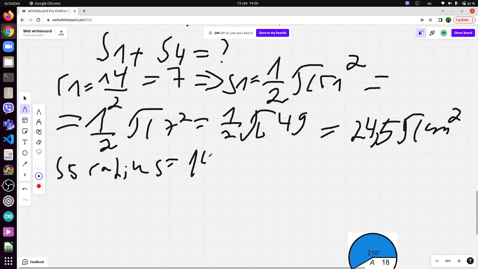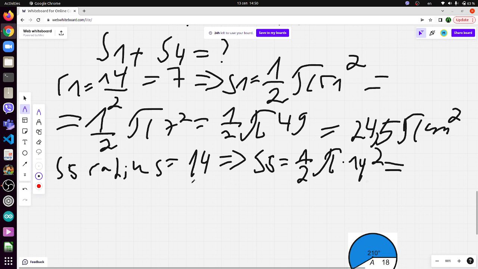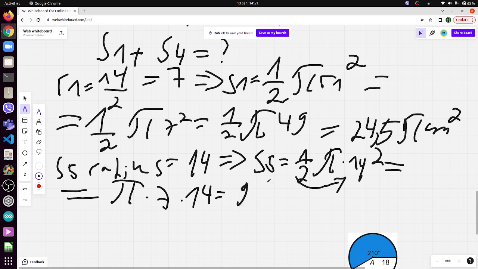So S5 is 1/2, because it's a half circle again, pi 14 squared. We can move the 1/2 to one of the 14, so it's pi 7 times 14, which is 98 pi centimeter square.